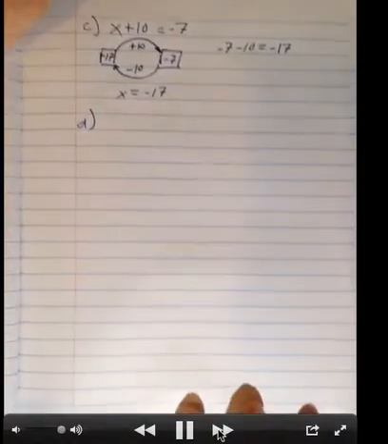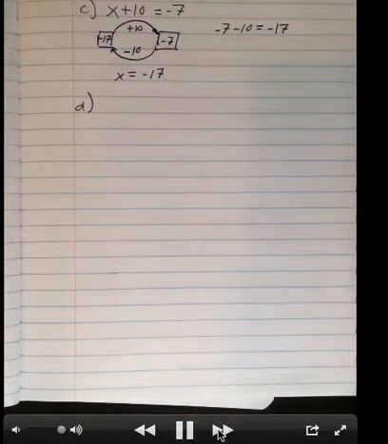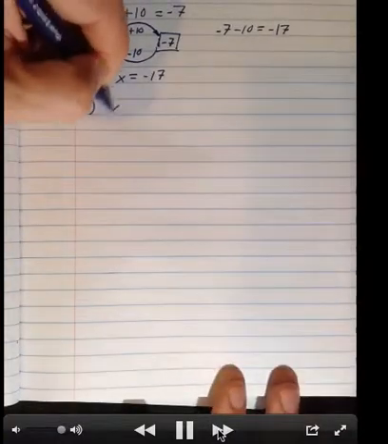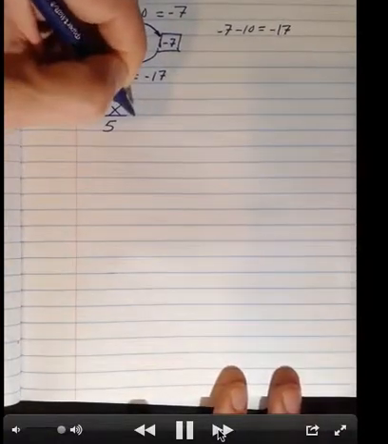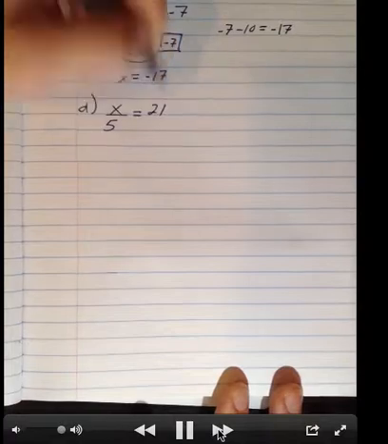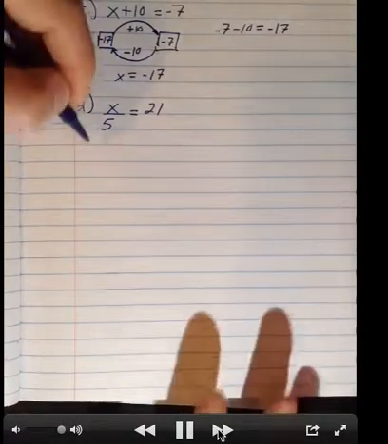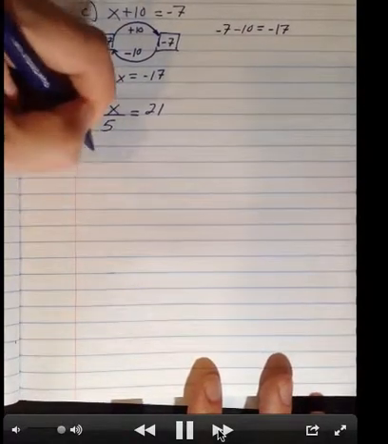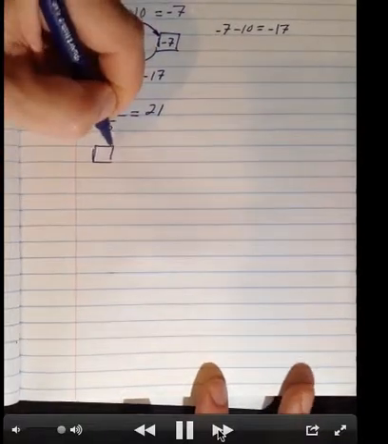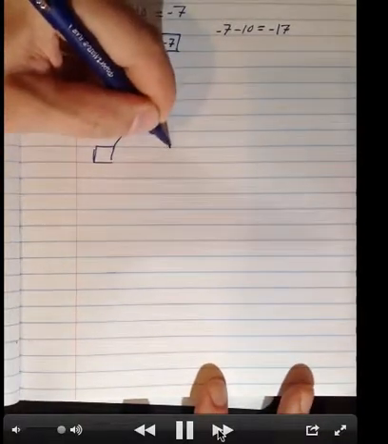Example 1d. I think we'll make the boxes a little bit bigger so they're easier to see. So x divided by 5 equals 21 is a one-step equation. So I guess we won't make the boxes bigger yet.